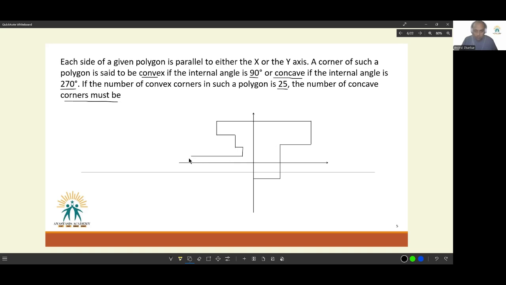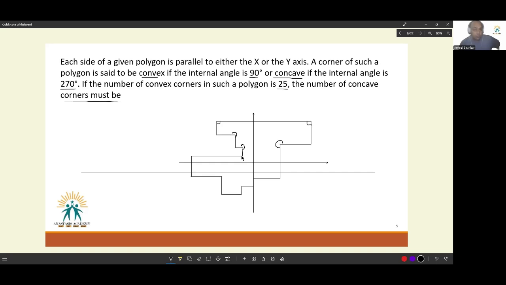The sort of shape being talked of, hopefully you understand, is like this. Something like this polygon. Can you see every angle here is either 90 degrees or 270 degrees. Every angle that gets created is either 90 degrees or 270 degrees. This is the sort of shape that gets created.